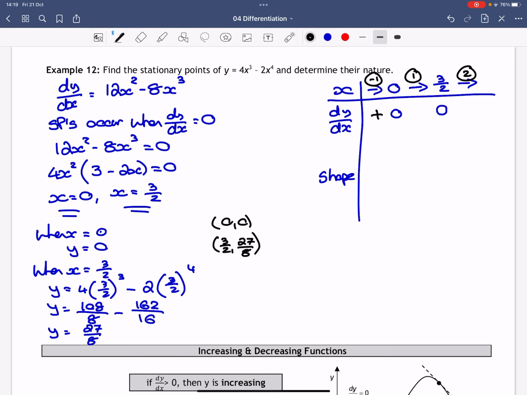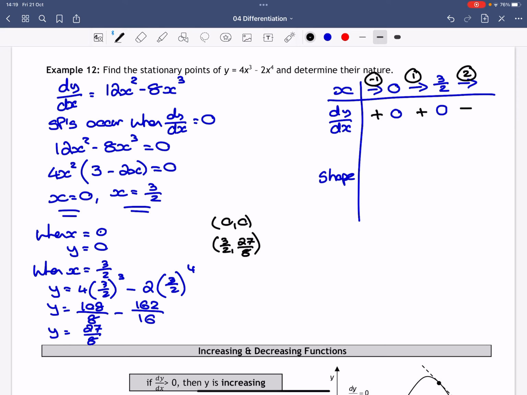If I put 1 in, I'm going to get 12, take away 8, which is 4, which is also positive. If I put 2 in, I'm going to get 12 times 4, which is 48. Take away 8 times 8, which is 64, so that's going to be negative.